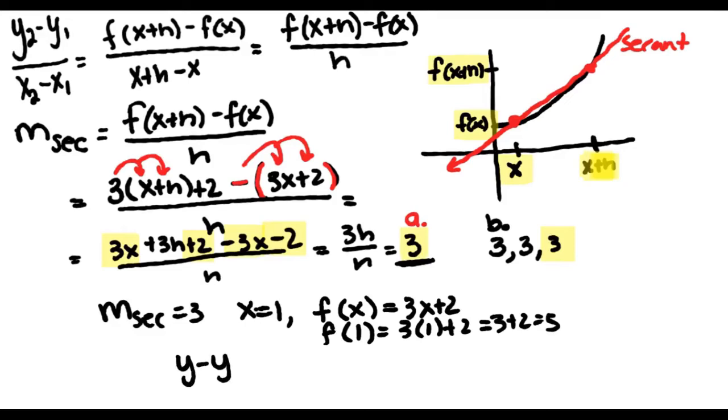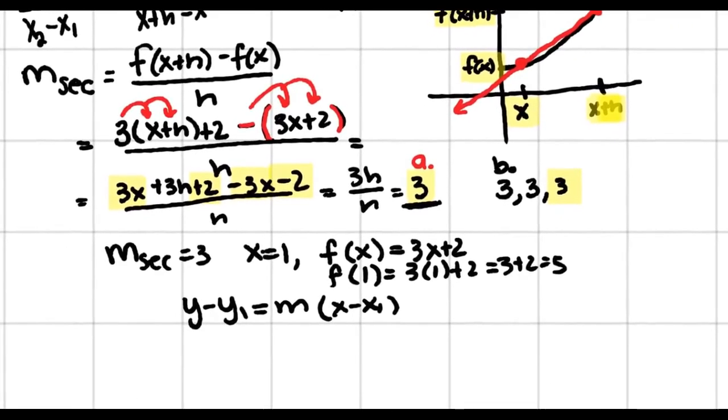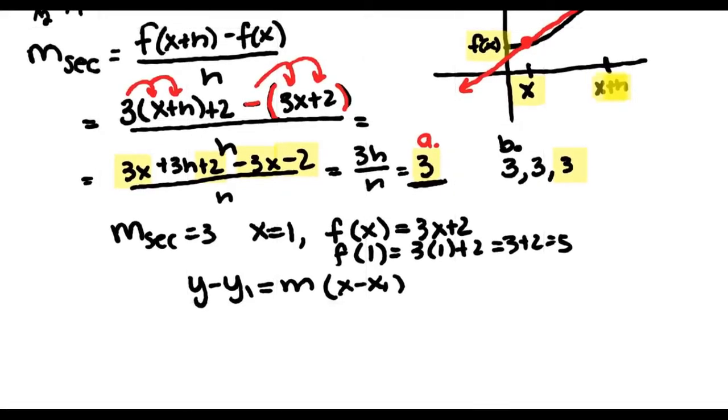The formula is y minus y1 equals m times x minus x1. We call this point slope form. And I'll substitute the slope as well as my ordered pair into this formula. That gives y minus 5 equals 3 times x minus 1.